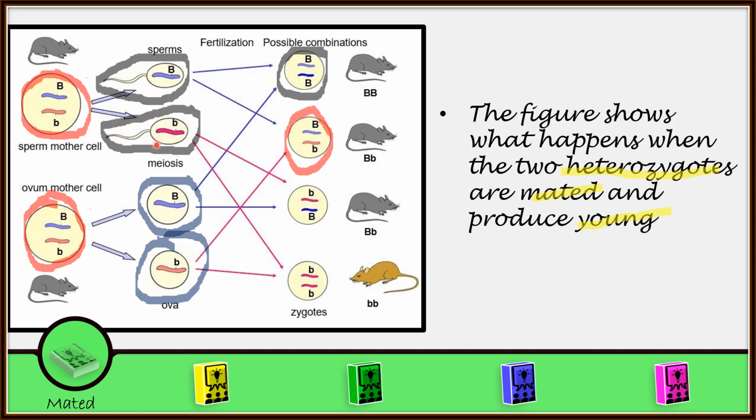This sperm can either go with this egg here, and when this one goes with this egg, they are going to end up producing this zygote here.